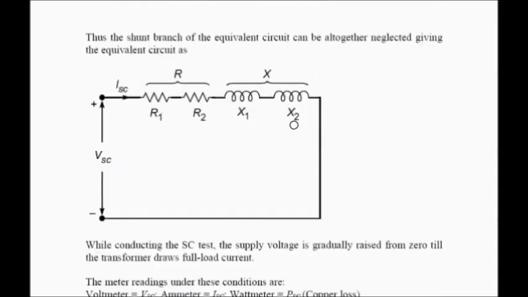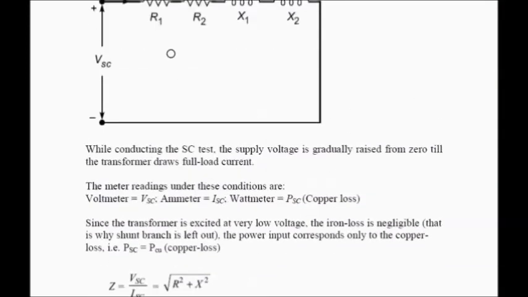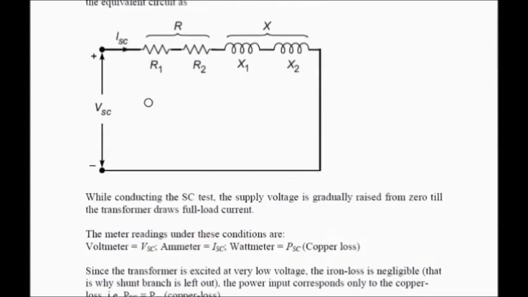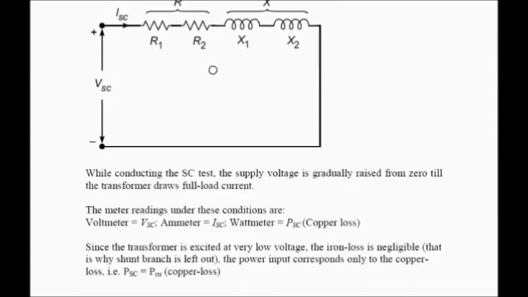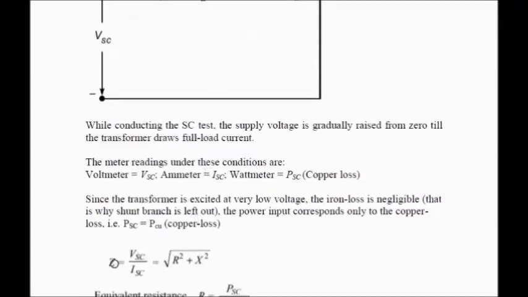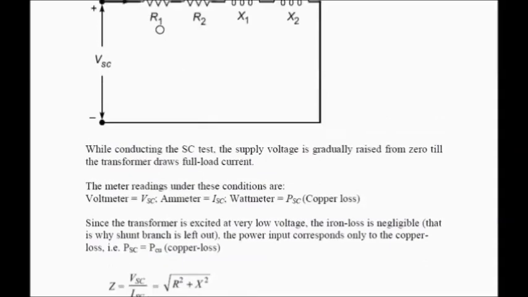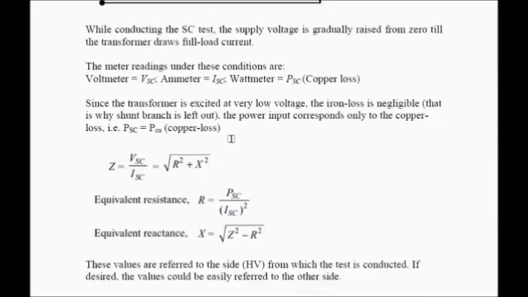To find these components, we know that V is Z into I, so we use that formula here. VSC upon ISC will give you Z, where Z is the square root of R square plus X square, where R is R1 plus R2 and X is X1 plus X2.